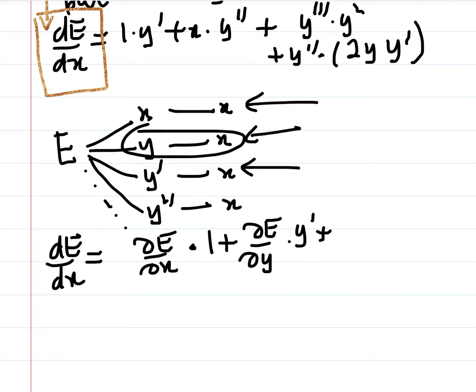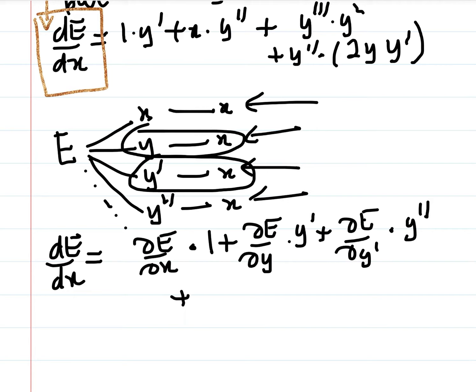Now going into that arm, differentiate e with respect to y dashed, multiplied by the derivative of y dashed with respect to x, which is y double dashed, plus going lastly into that, differentiate e with respect to y double dashed, times the derivative of y double dashed with respect to x, which is y triple dashed. And of course, theoretically, this goes infinitely far.